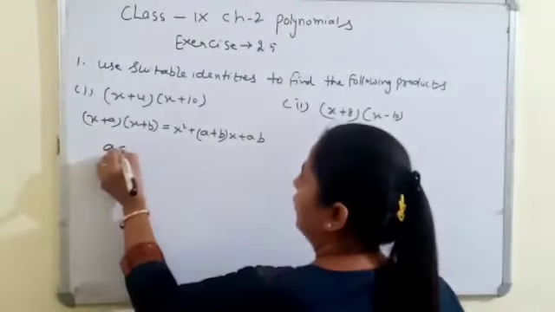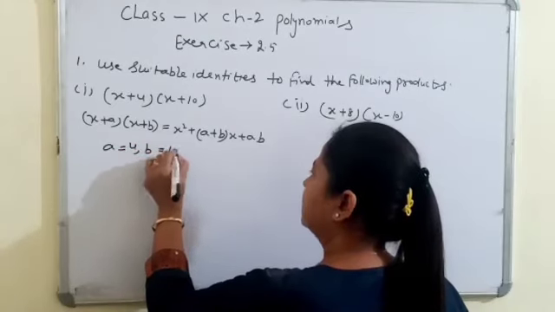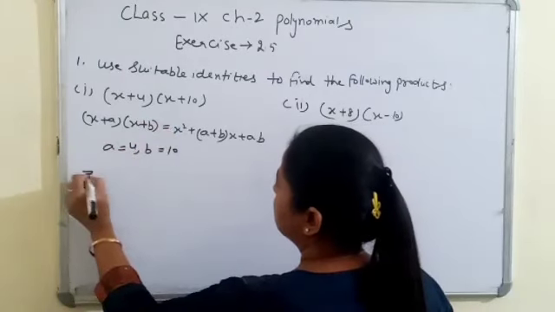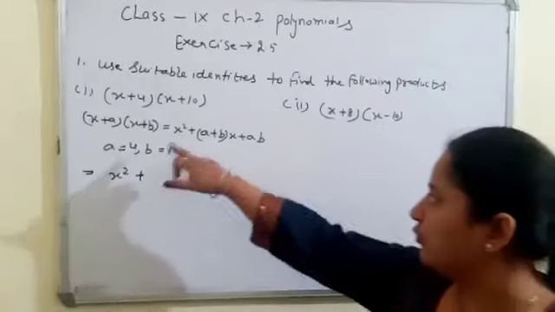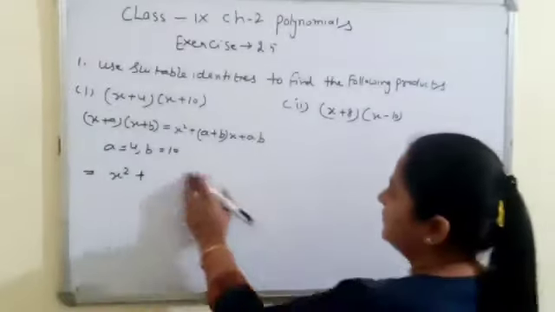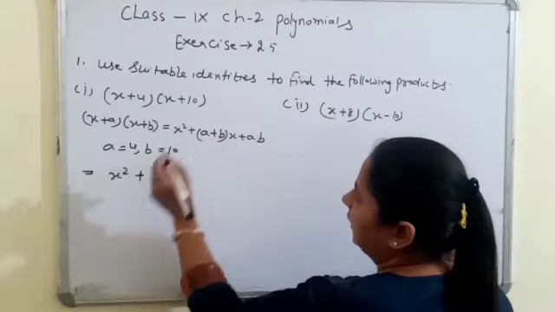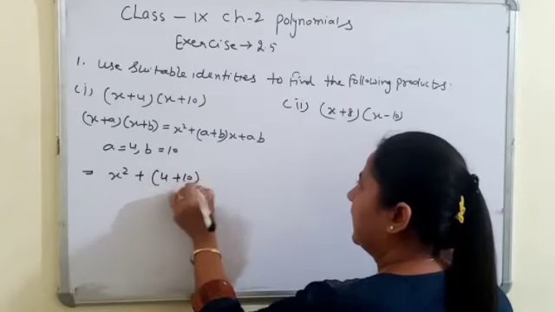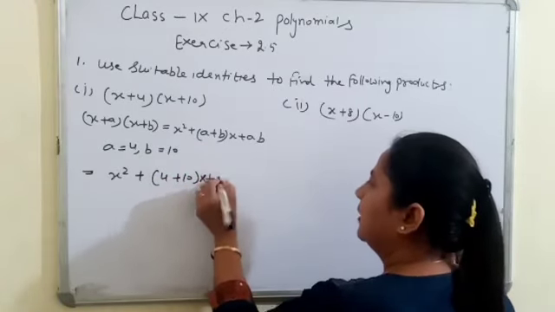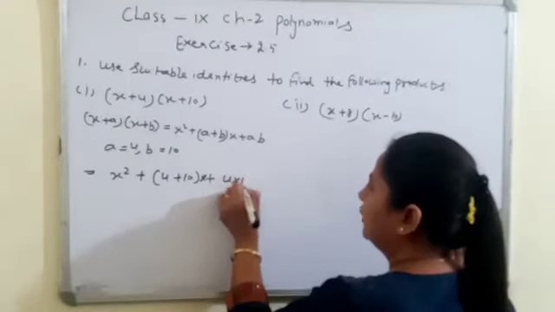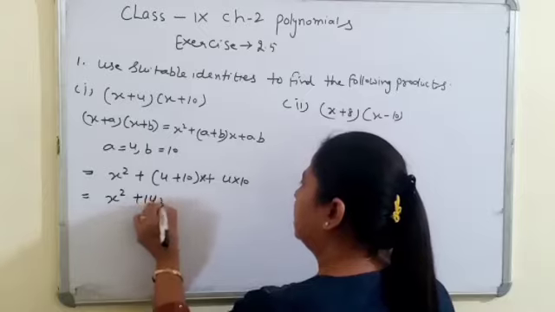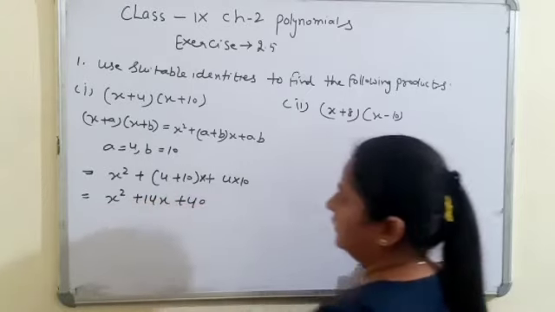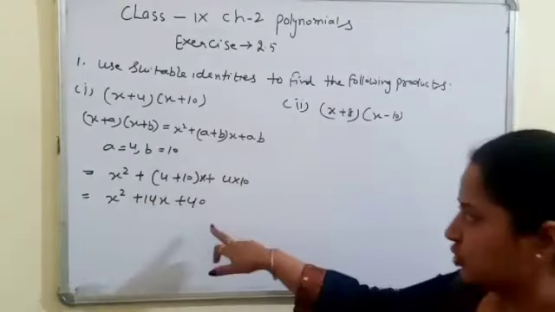By using this identity, x square, in place of a and b we will substitute 4 and 10: x square plus 14x plus 40. So this is the result for the first question.